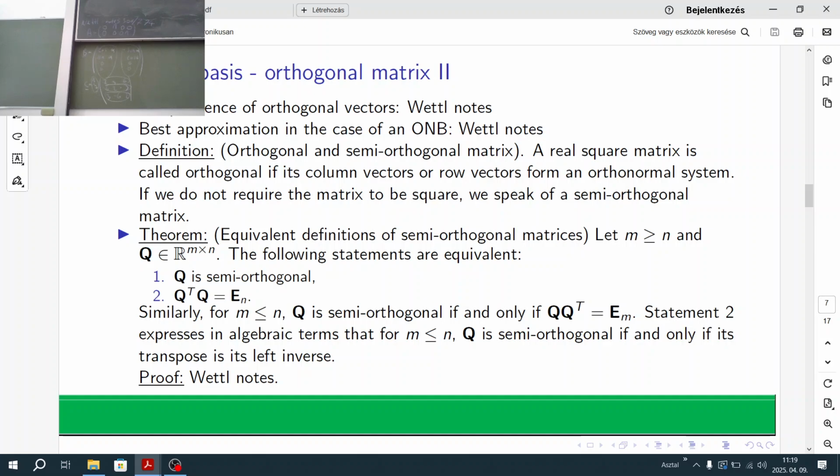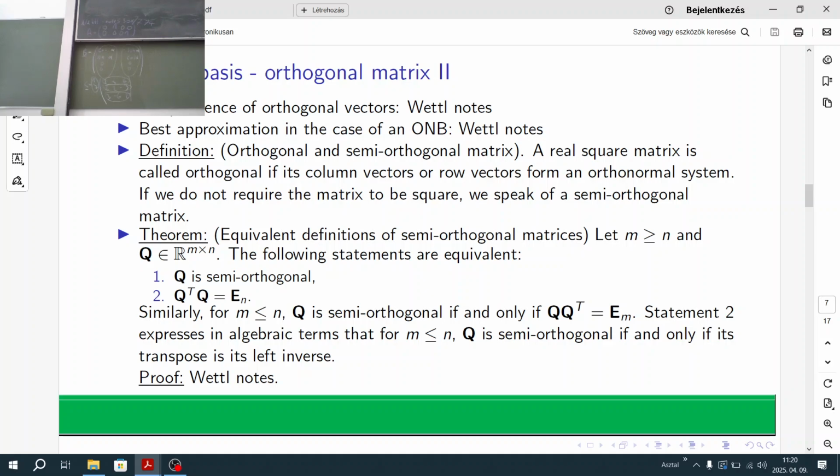Here, that's a different matrix: 0, 1, 0, 0, 0, 1, 1, 0, 0.